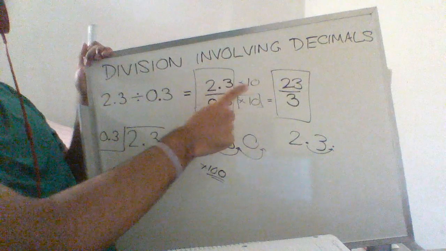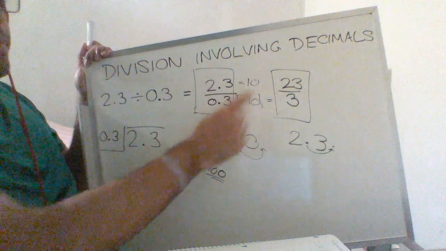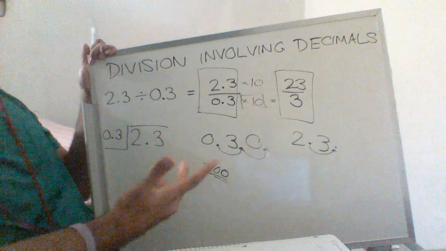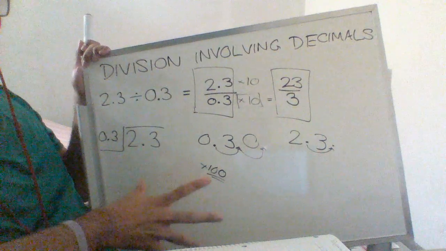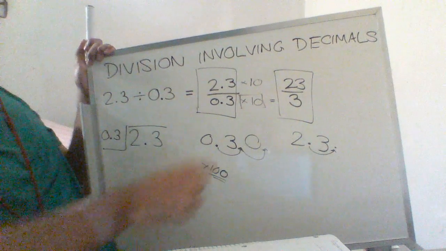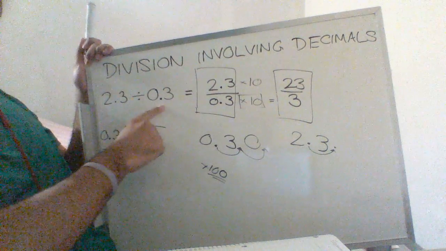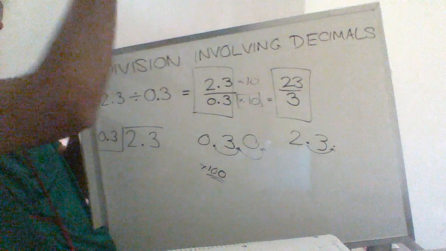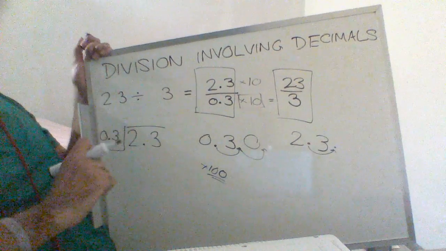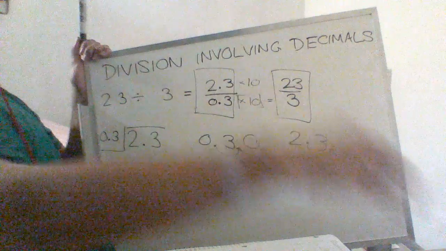So we've multiplied the top by 10, we've multiplied the bottom by 10, and so this problem is easier for us to deal with, and we've actually turned it back into a problem that doesn't involve decimals at all. So we've taken this 2.3 divided by 0.3 and we've made it 23 divided by 3. And so that's the problem that we're now going to work with.